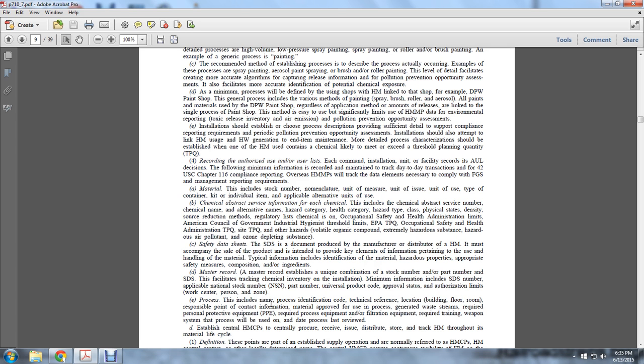Others include volatile organic compound, extremely hazardous substance, hazardous air pollutant, and ozone depleting substances.